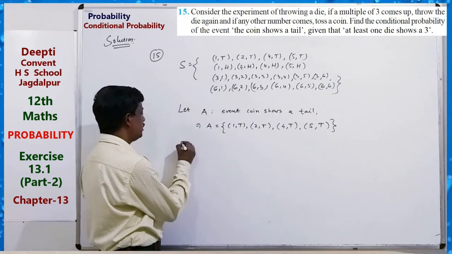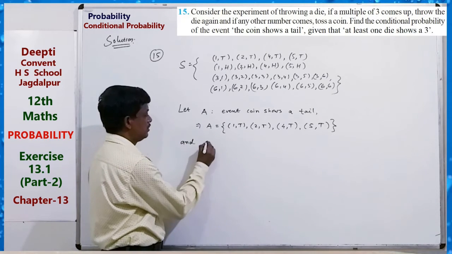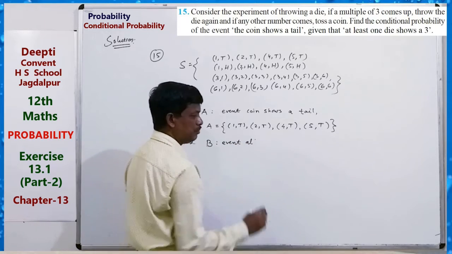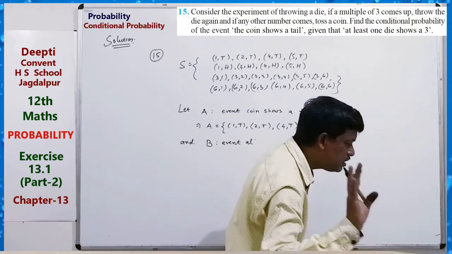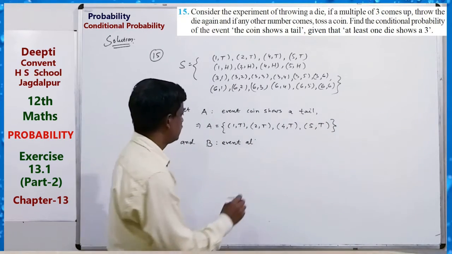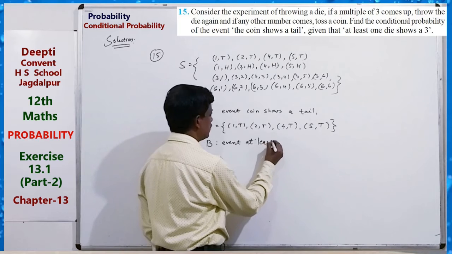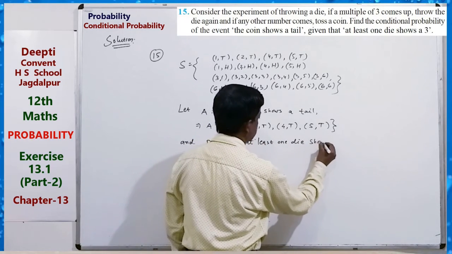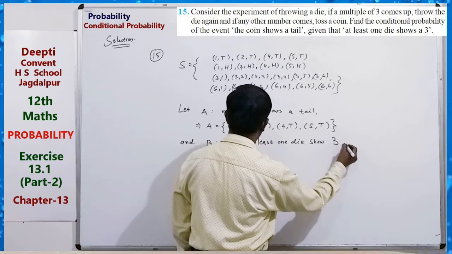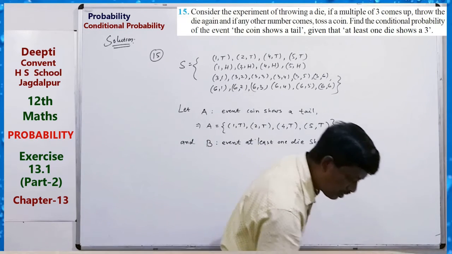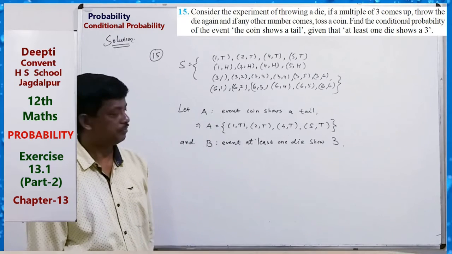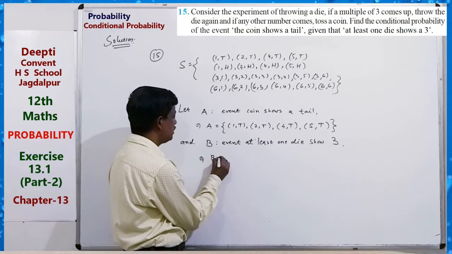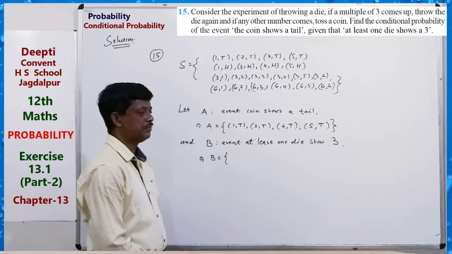And another event, B event. B is at least one die shows 3. At least one die throws 3. So at least one die shows 3. That means B will contain what?